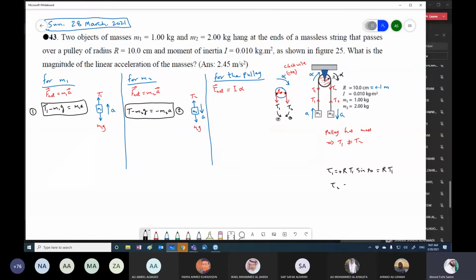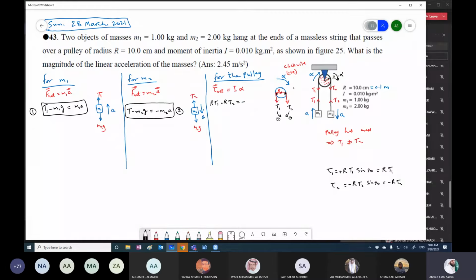What will be torque number 2? It is RT2 sine 90 as well, because it makes a right angle there, and it is negative because it is clockwise. So this is minus RT2. So we'll end up with torque net equals RT1 minus RT2 equals minus I multiplied by alpha.